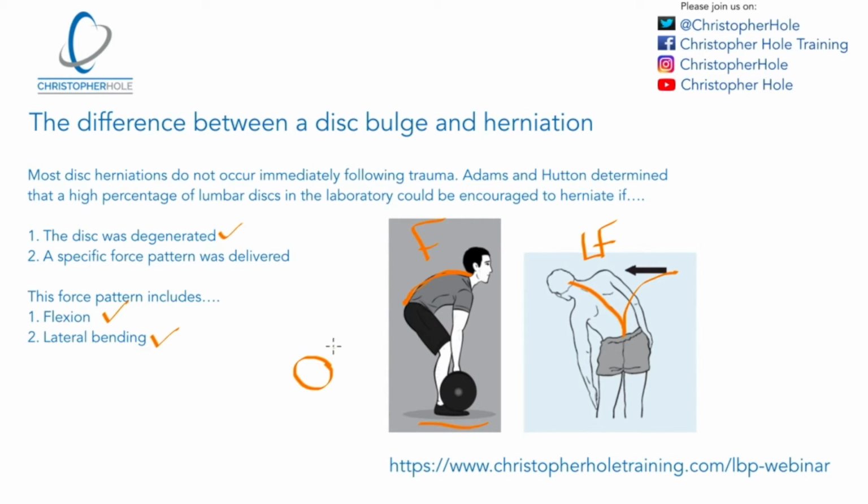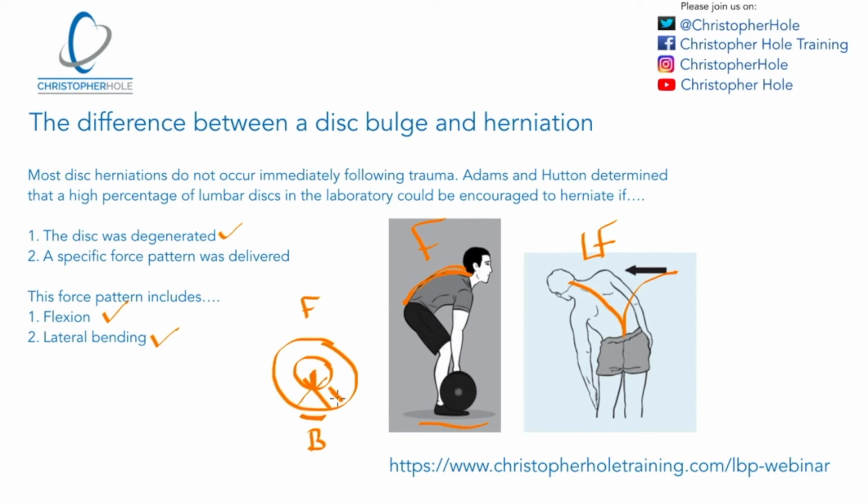So if we go back to these images, if this is the front of my disc and this is the back of my disc, and I flex forward like this, it's actually pushing that fluid, as we saw in the last slide, towards this wall here. So it can potentially herniate or bulge in this area here.